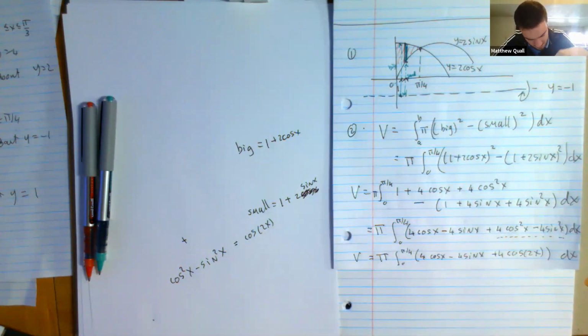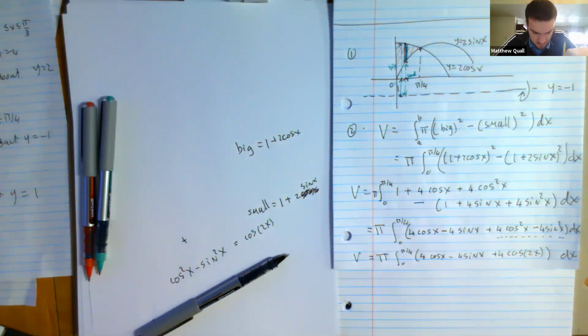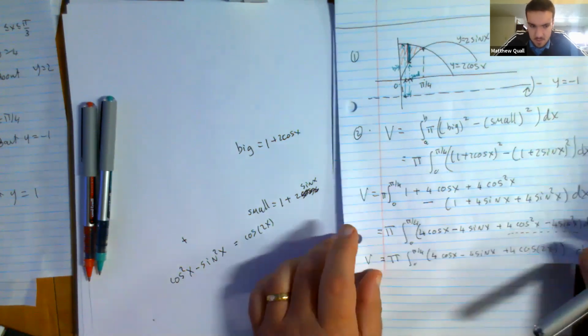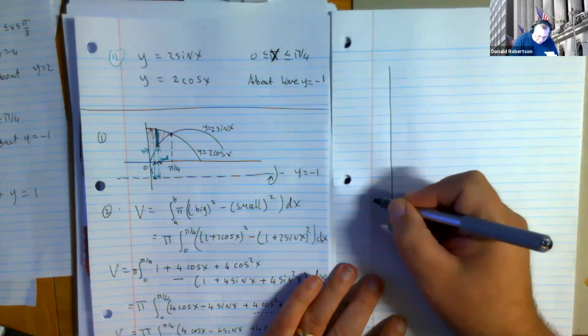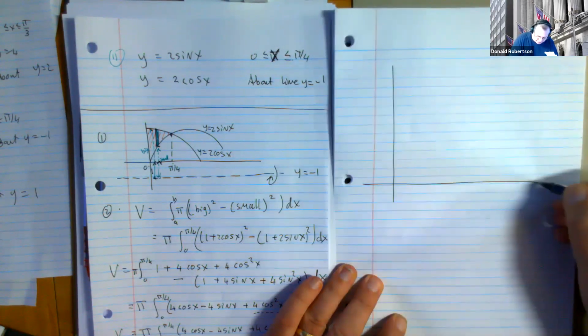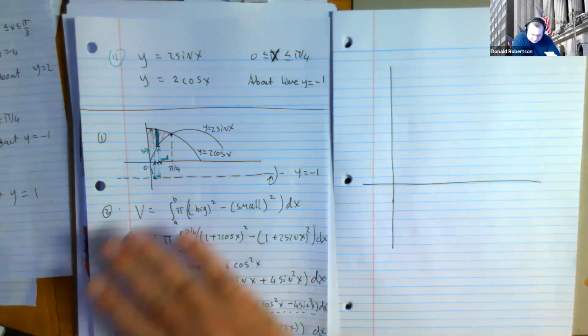Professor, could you explain again how you figured out what the big and small radiuses were? Sure. I'll try this picture again. Maybe do a bigger version of it. Where's my pens?